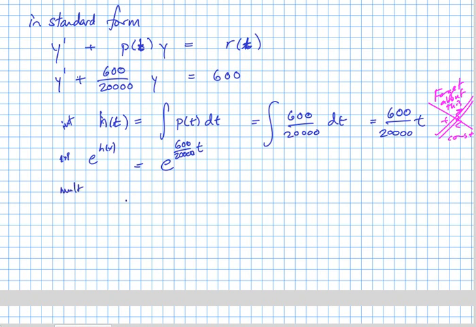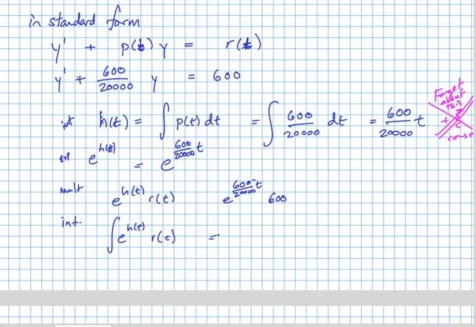E to the h of t times r of t is going to be 600 times e to the 600 over 20,000 t. And now we're going to integrate e to the h of t times r of t.